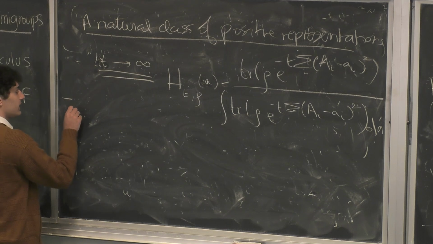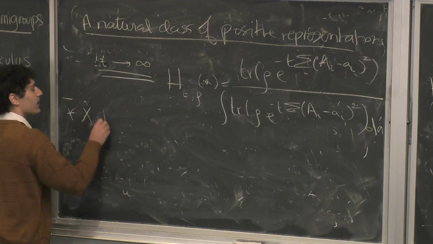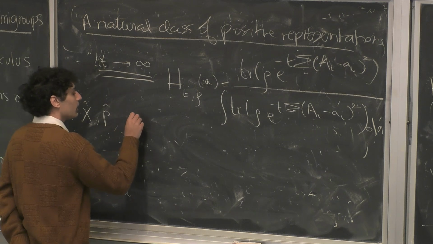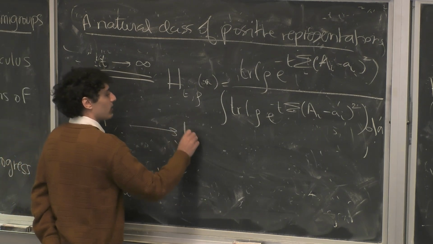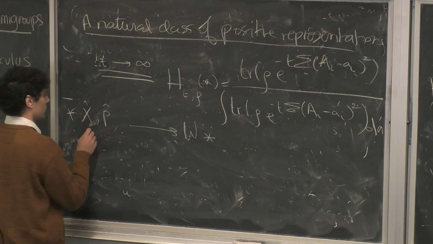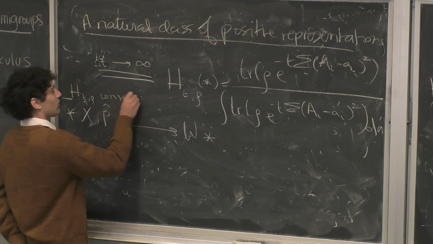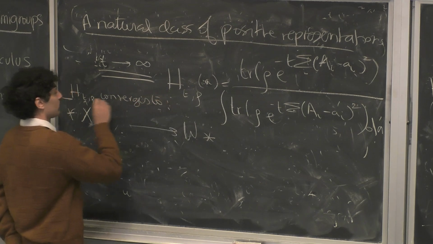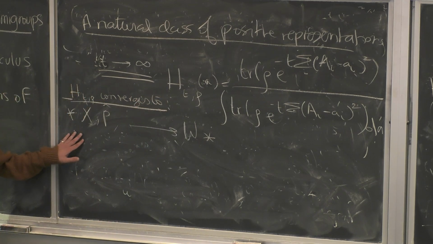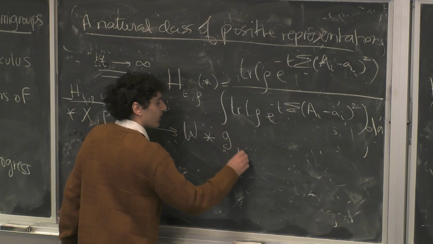limit as t goes to infinity, for x and p, as we just saw a few boards ago, this converges to the Husimi function. So h t rho converges to, in the case of x and p, the well-known Husimi function.